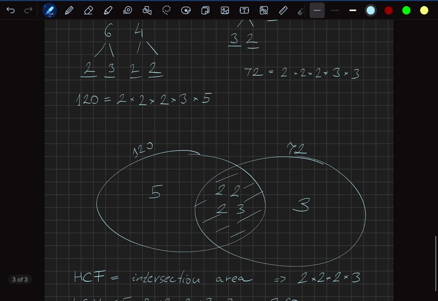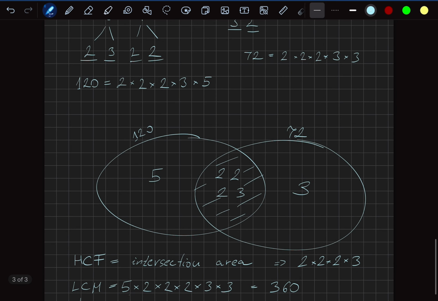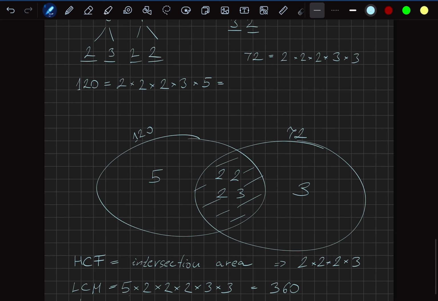But we have another method. This is the easiest method. But if we write the index form, 120 is 2 to the power 3 times 3 times 5, and 72 will be 2 to the power 3 times 3 to the power 2.